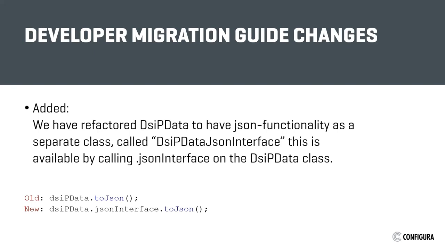So if you were using this, you'll have to call the JSON interface on the DSIP data class. And that should give you the same information if you were using this before. We're pretty sure that most people weren't using this, but if you are, this shows you how to interact with the interface in the way that you used to do.